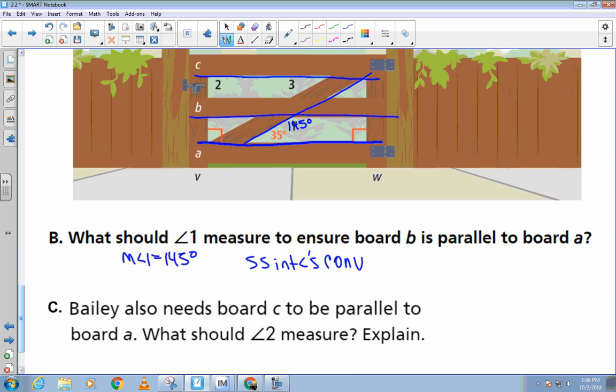A is parallel to B. You have to figure out how we make it happen. Okay. But it's asking me what should angle 2 measure in order for this to happen. I see what you're thinking.